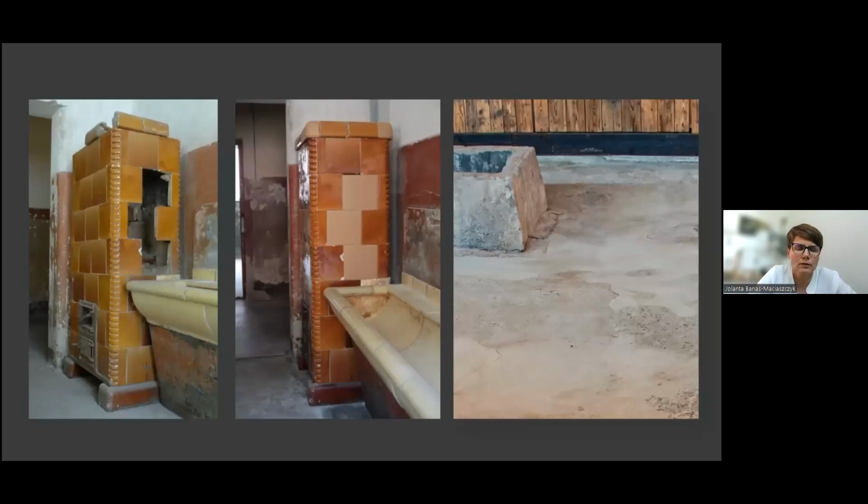The following question I would like to address is the principle that says that when we introduce new elements, we do it so as to be able to differentiate them from the originals. Here on the left-hand side, you can see a fill-in that was necessary as the construction of that tile stove was unstable.